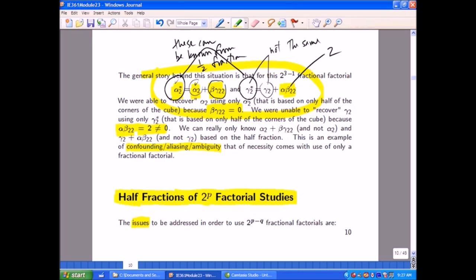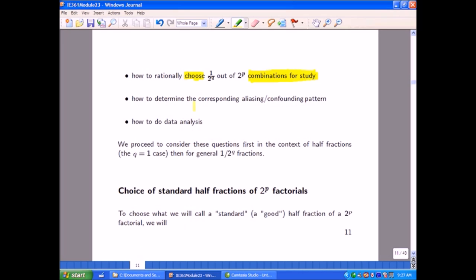How did I know what was aliased with what, confounded with what, the pattern of ambiguity? So the second issue is how to determine the aliasing or the confounding pattern. And then finally, how to do data analysis. We're going to do this in 2 chunks. We're first going to talk about half fractions, and then we'll talk about things like quarter fractions, 8th fractions, 16th fractions, and so on. So, 3 issues. Let's talk about the first in the context of half fractions.